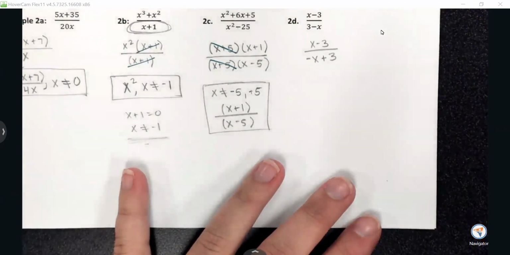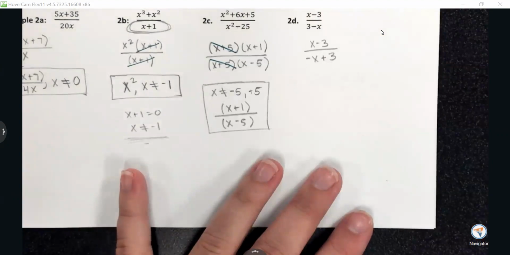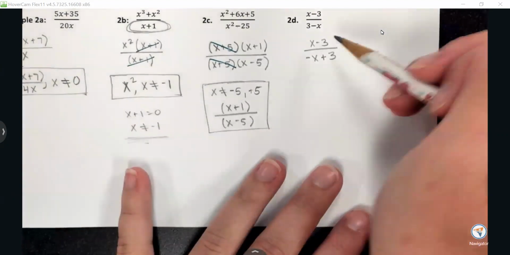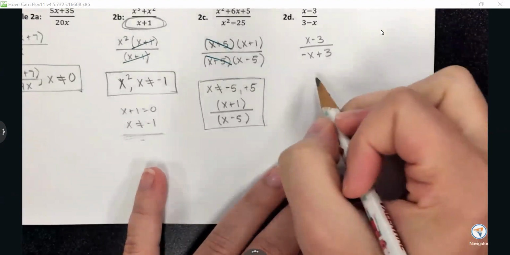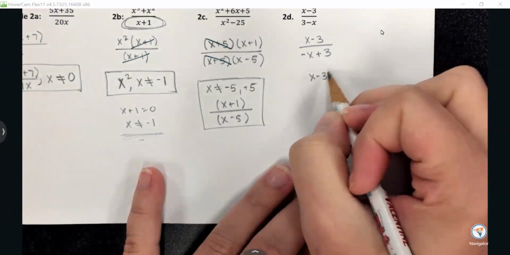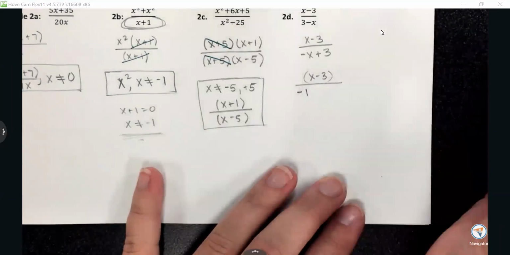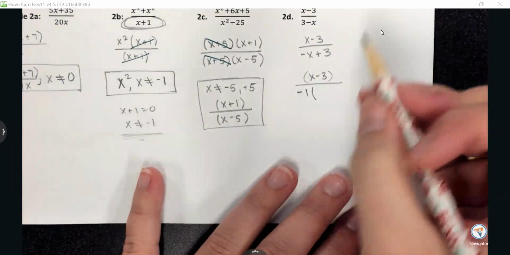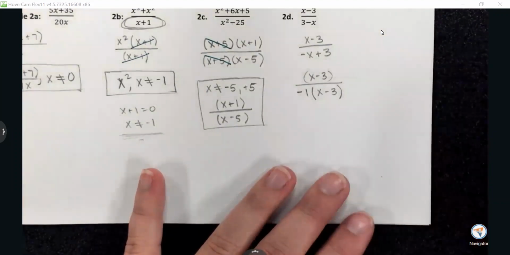What factors does my -x plus 3? Can I take anything out of there to try to make it look like x minus 3? A -1. So x minus 3 is on top still. And if I take a -1 out of my denominator, then I would have x minus 3.